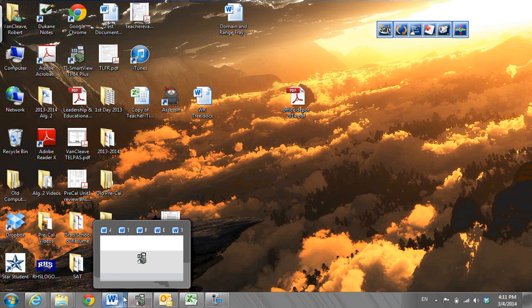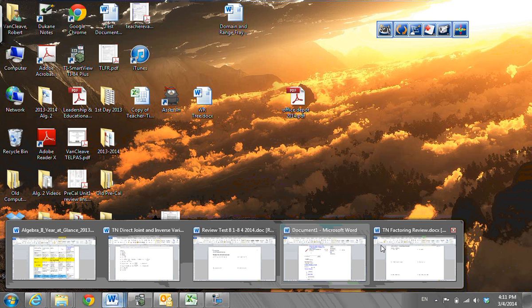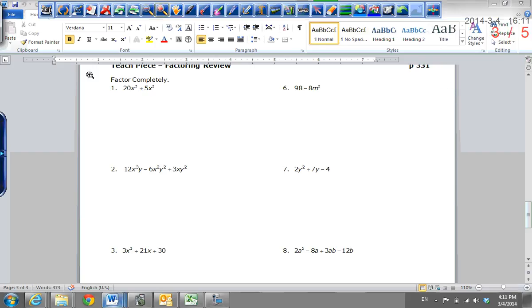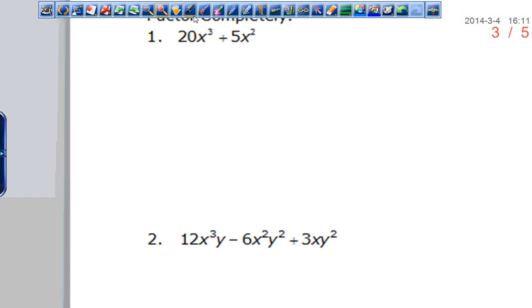All right, so for the first couple, all we're doing is taking the GCF out. On number 1 and number 2, we just see, okay, what can I take out? On these, I can take a 5 and an x squared out, so what I have left is a 4x plus 1. That's it, we're done. For number 2, what can I take out of all three terms?